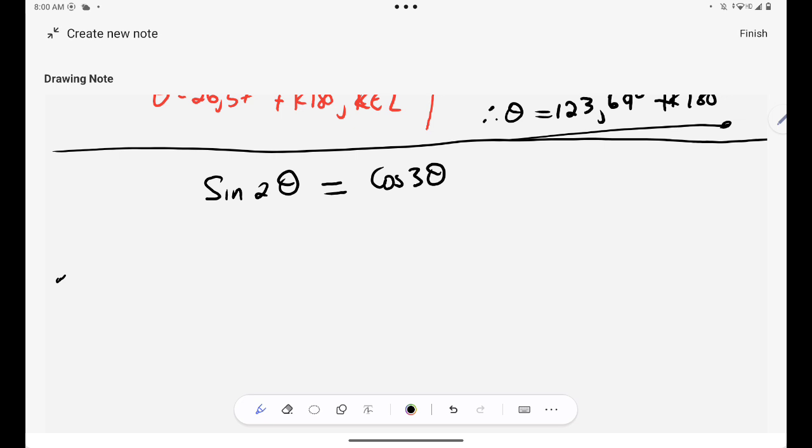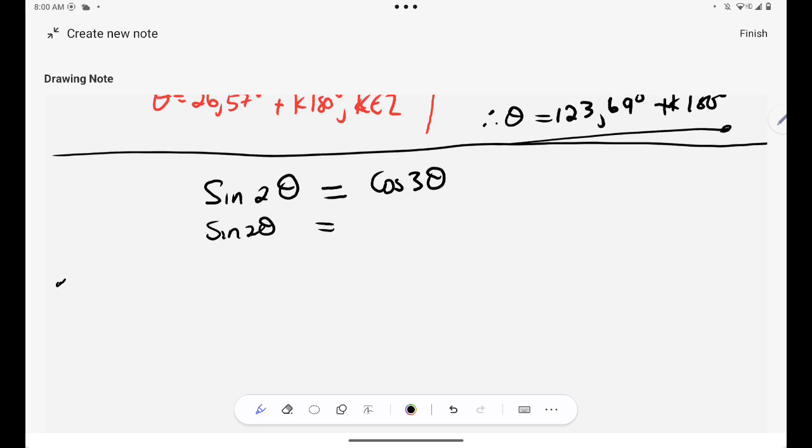Okay. In this case, guys, I can expand the double angles, or I can just simply use cofunctions. Yeah, let me just use cofunctions because I didn't teach them before. For cofunctions, I can simply write sine 2 theta.